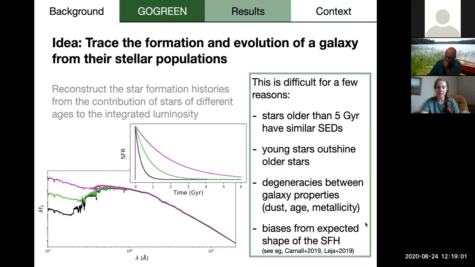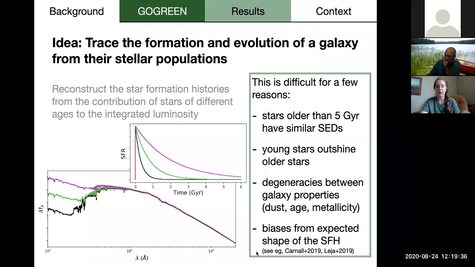And lastly, something that's been talked about in recent years is the fact that if you constrain your star formation history to have a particular shape, such as a declining exponential, which is a convenient form because, you know, for quiescent galaxies you kind of expect this sort of smooth declining evolution in the star formation rate. But if you fix your star formation history to have a particular parametric form, you can bias the shape and then bias the overall age that you would measure in fitting that spectrum.